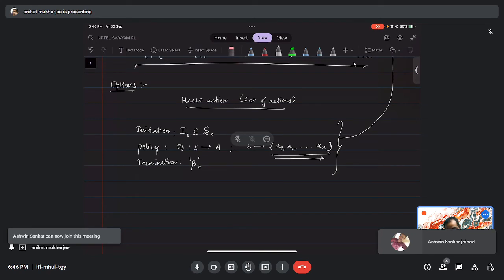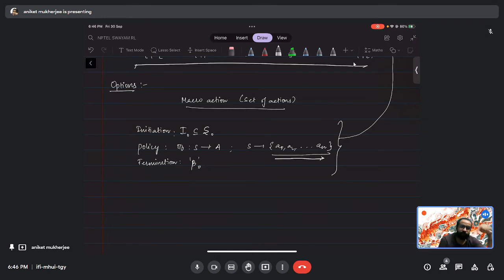Now the policy for the black bishop could be, so it wants to go from one black square to another black square. So the policy for a black bishop could be go diagonal right 3 steps and go diagonal left 3 steps. So first action would be to go diagonal left. Next action should be go diagonal right.